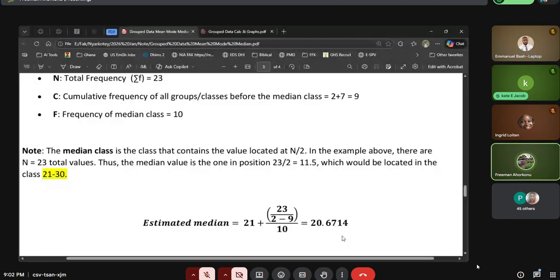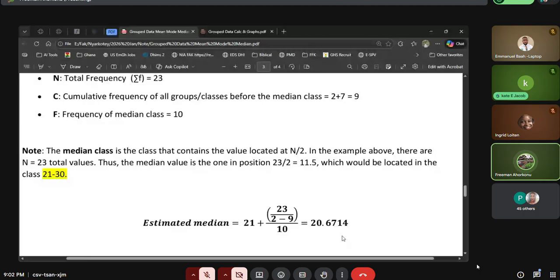In actual fact, when you calculate the mean, the median, and the mode of a data set, if there is no outlier, all these figures, the mean, median, and mode, are just around each other. They are not too far from each other. That is why when we find the modal class, we got 21 to 30.